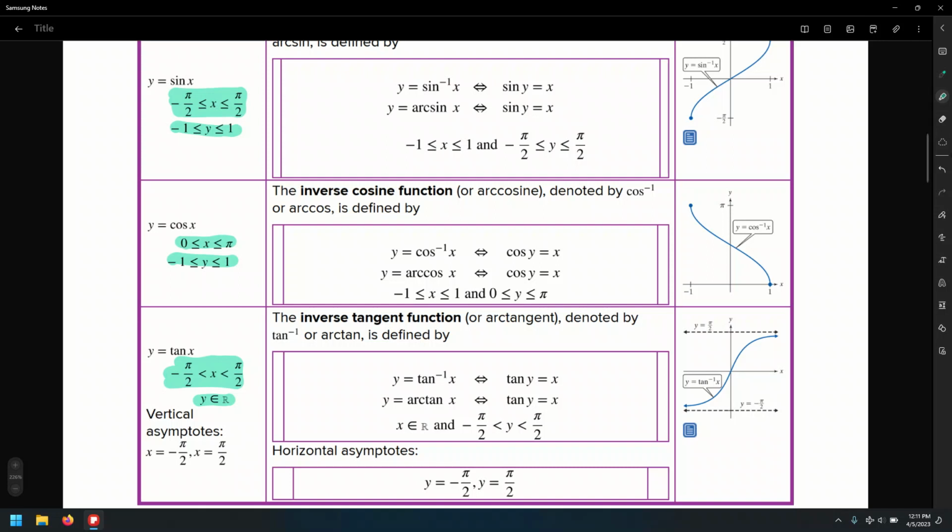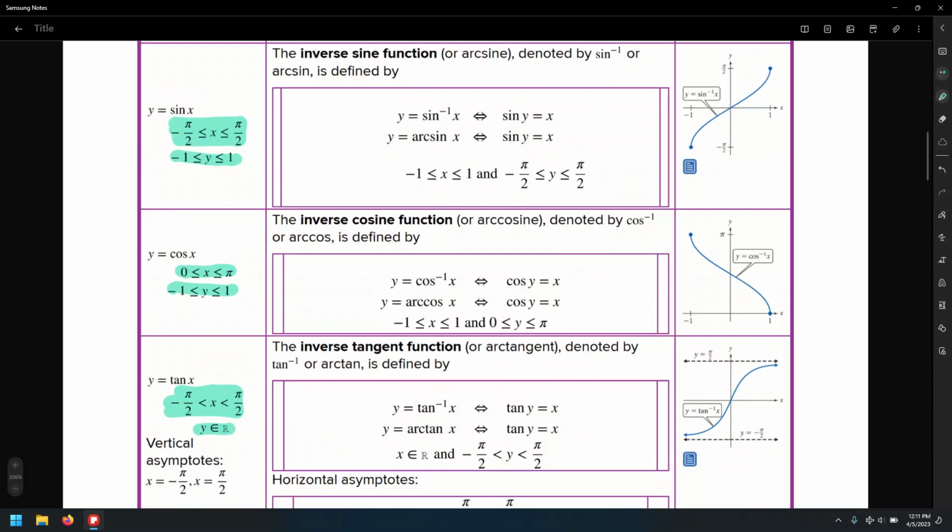All right, so let's see a little bit of notation. If we have the function y equals sine x, to denote the inverse function, check this out. To denote an inverse trigonometric function, you might want to look for this -1, sort of an exponent.